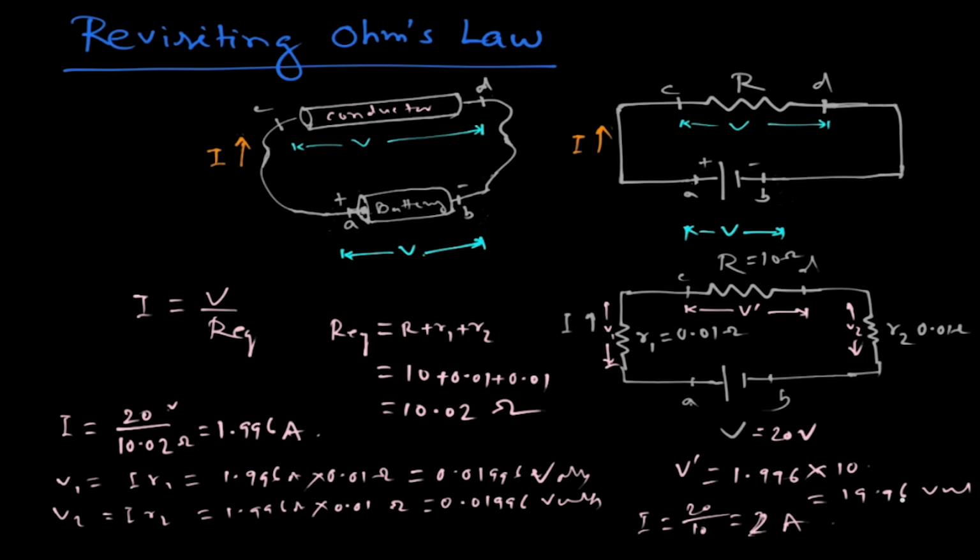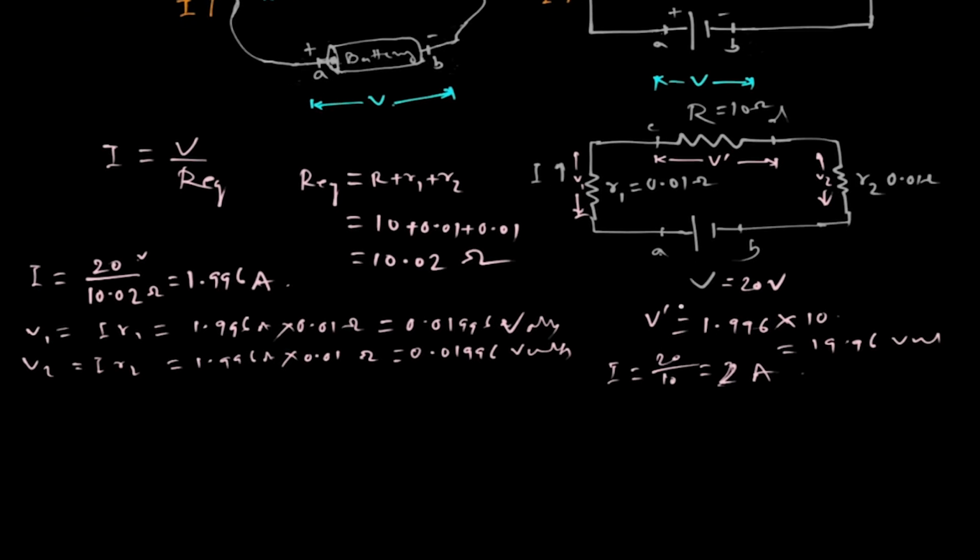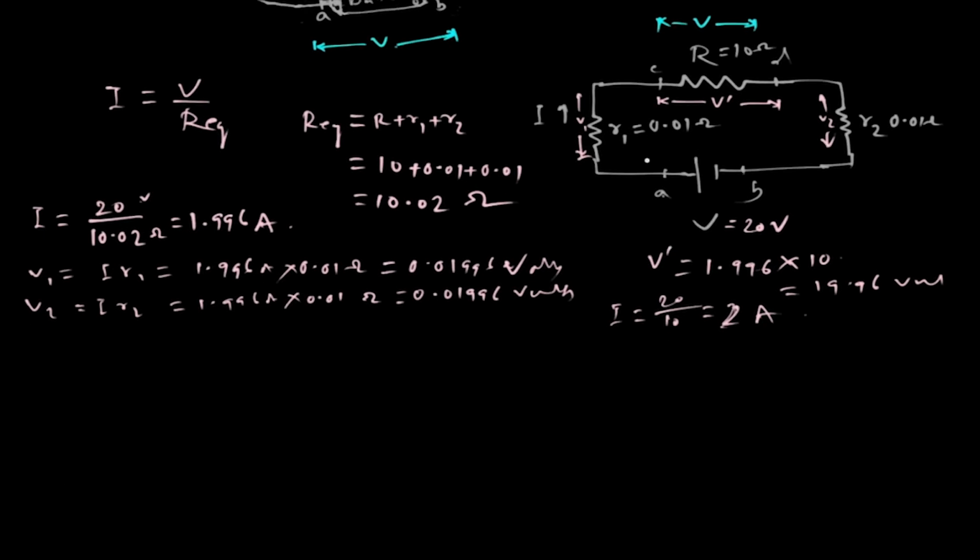By how much lower? You can see it is 20 minus 19.96 volt, that is the voltage drop across these resistances. Okay, but you can see that this V1 divided by R1 is equal to this V2 divided by R2, that is equal to this V dash divided by R, that is equal to I. You can see that V dash divided by R, that is how much? 19.96 by R 10, that is equal to 1.996.